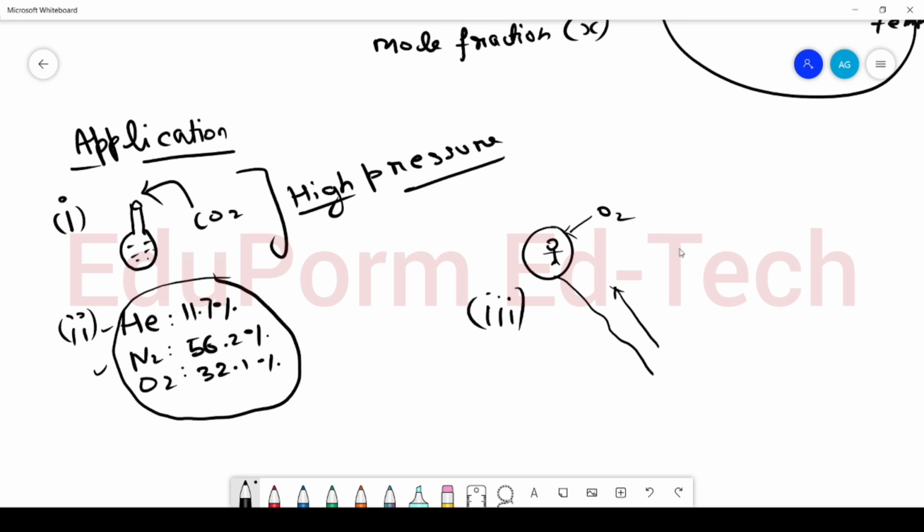So we suffer from a condition of lack of oxygen, called anoxia. So to avoid anoxia, we sometimes need to take oxygen artificially by means of an oxygen cylinder to fulfill the demand of oxygen by our body, as the partial pressure is low, so we cannot breathe naturally.